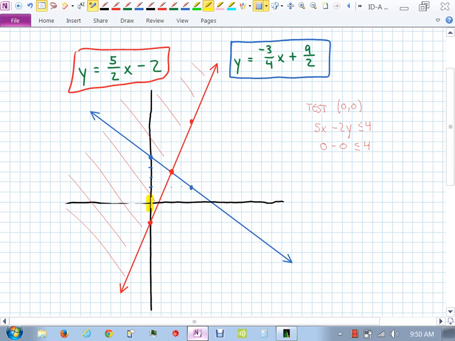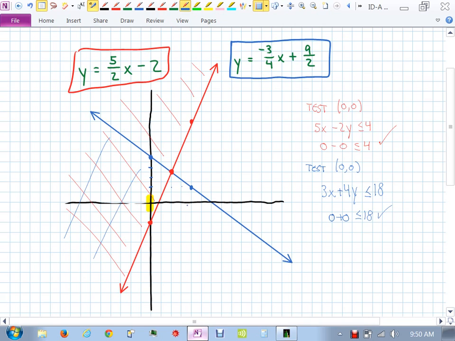You do the same thing for the blue. We test 0, 0 again. If we test 0, 0 into the second inequality, 3x plus 4y less than or equal to 18, we get 0 plus 0 is less than or equal to 18. That's true, right? So that means I will shade which side of the blue? Bottom side.